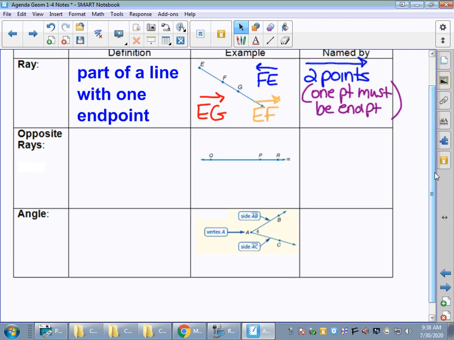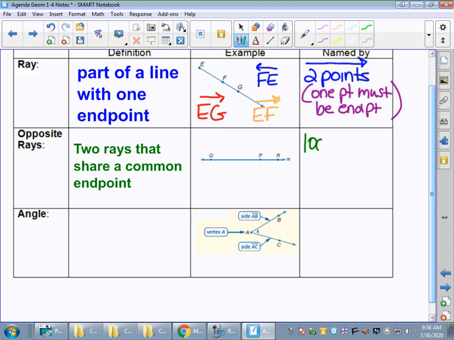Opposite rays are kind of a funny, interesting thing. They are 2 rays that share a common endpoint. And, shockingly enough, they go in opposite directions. Therefore, they look like a line. It's kind of one of those technicalities.